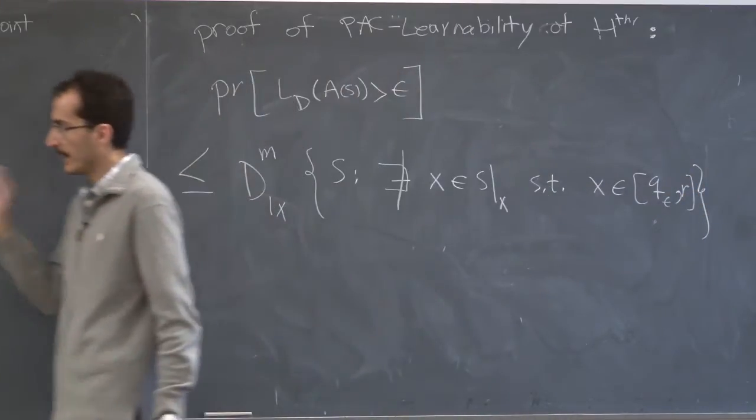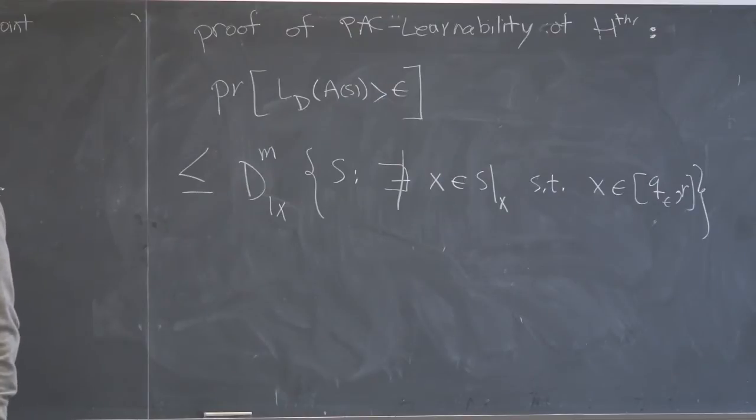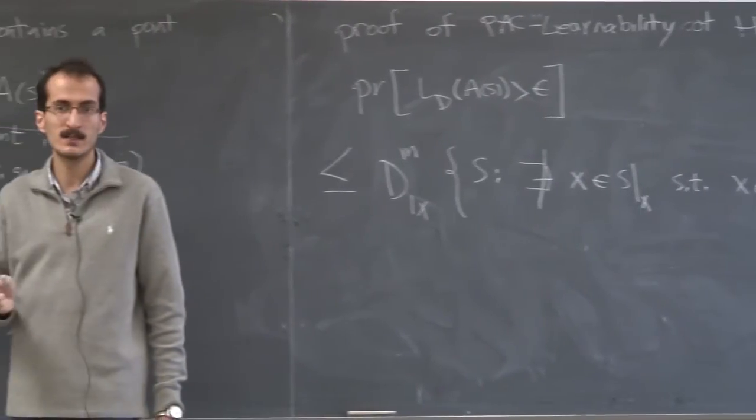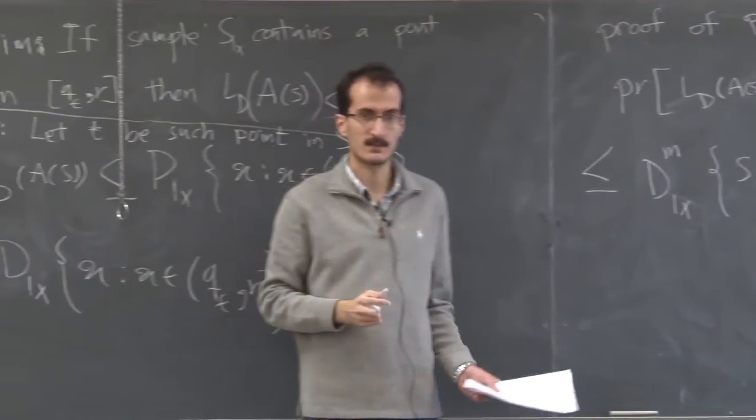We said that if we have a point in this interval, we cannot be wrong more than epsilon.